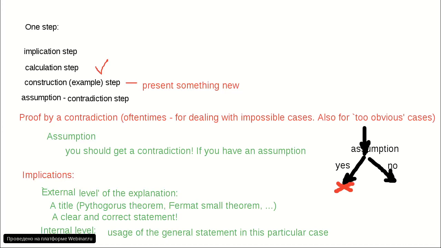If we speak of the last type of steps, an implication step, then each this sort of step, the most common type of steps, needs what I call 2.5 levels of explanation. So first of all, you need to name the general statement which you use.